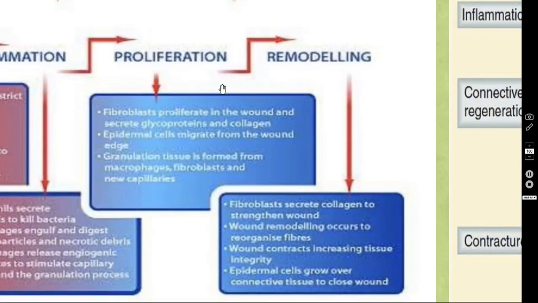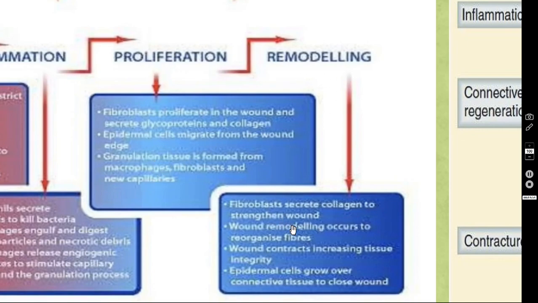In the proliferative phase, the fibroblast proliferates in the wound and secretes glycoprotein and collagen 3. The epidermal cells migrate from the wound edges. Granulation tissue is formed from macrophages, fibroblasts, and new capillary blood vessels, and neoangiogenesis comes from the fibroblasts.